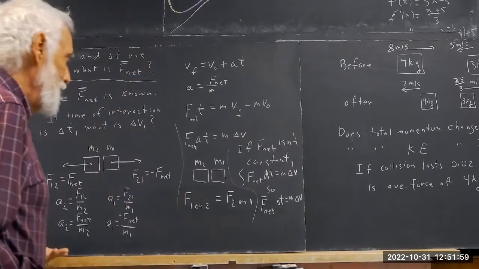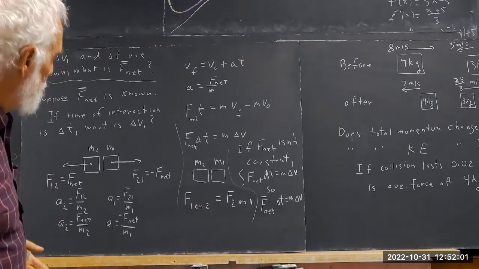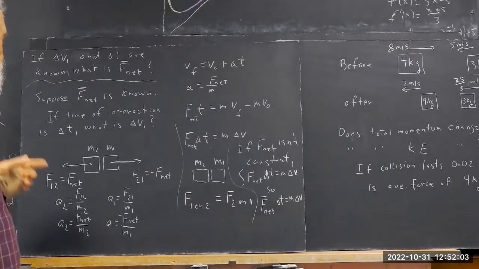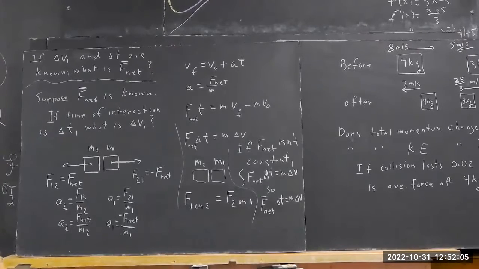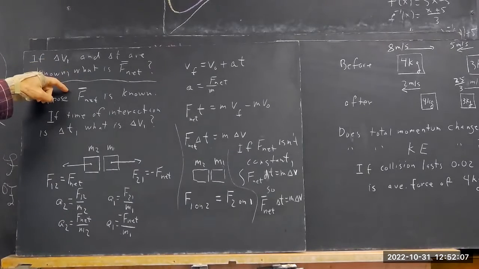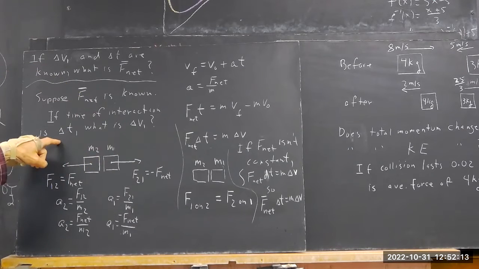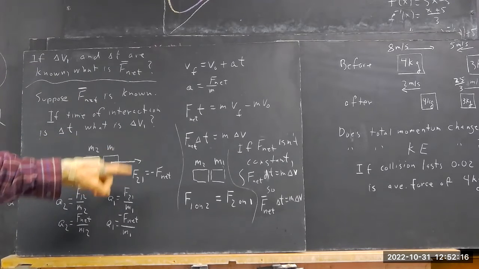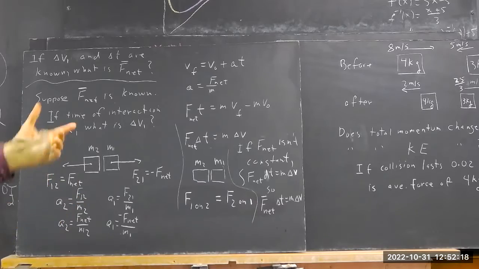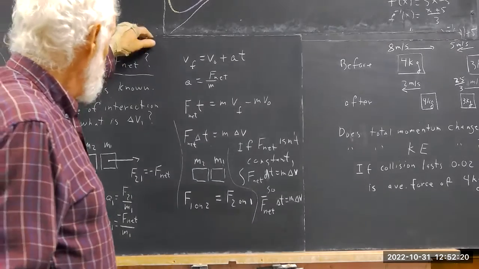Okay. So anyhow, if you know the average F net in the time of interaction delta T, you can find delta V very easily. Well, we did that last time, we talked about it.